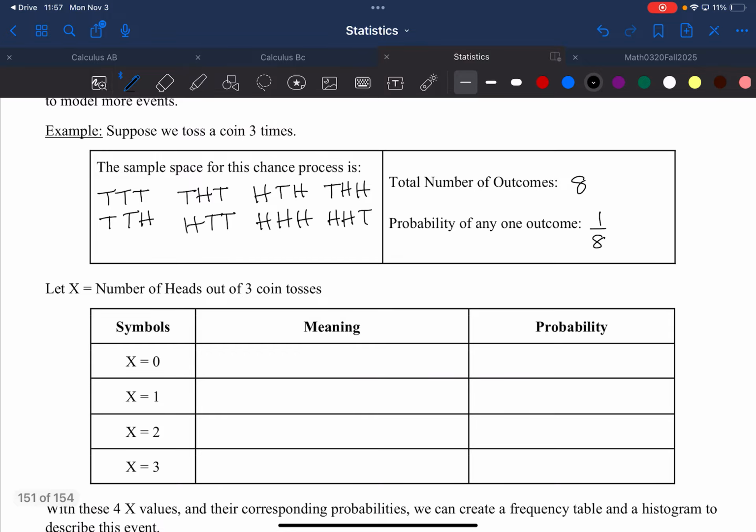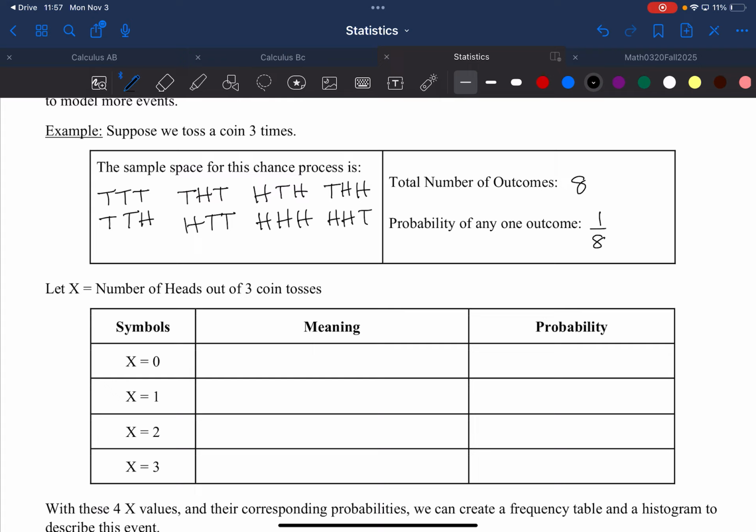Okay. Now let's say instead of using our terms for probability, we transform this into random variables. How that would look is we actually assign a variable x to represent something. So in this case, it says let x be the number of heads out of 3 coin tosses. So what does it mean if x is 0?